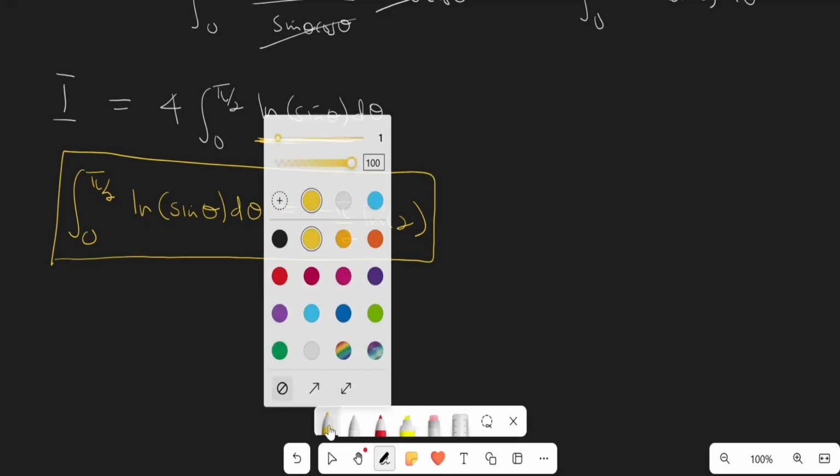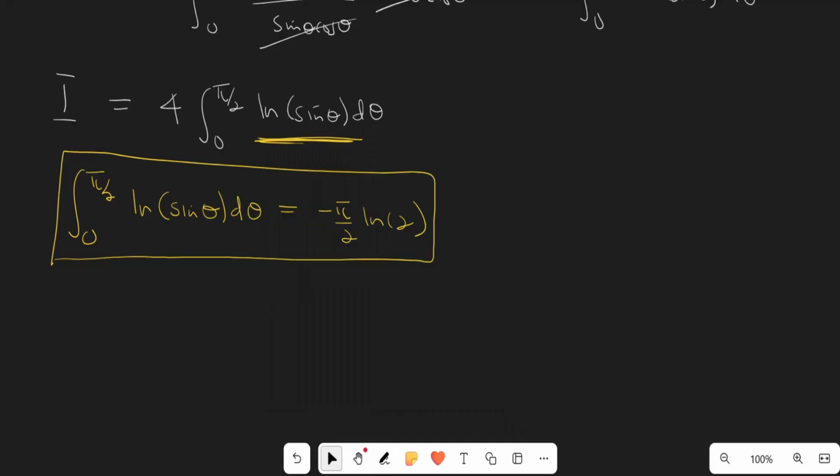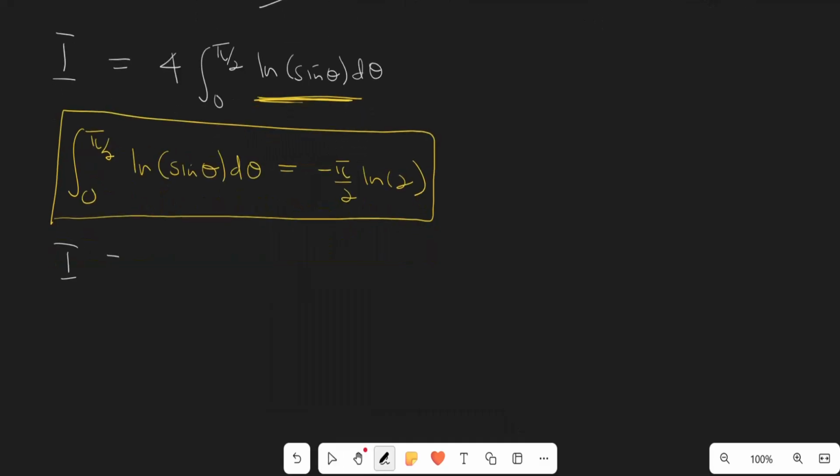So this is the value of this integral, and we can just plug that in. So I is going to be 4 times the integral from 0 to pi over 2 of the ln of sine of theta d theta. That is negative pi over 2 ln of 2, and that is equal to negative 2 pi ln of 2.